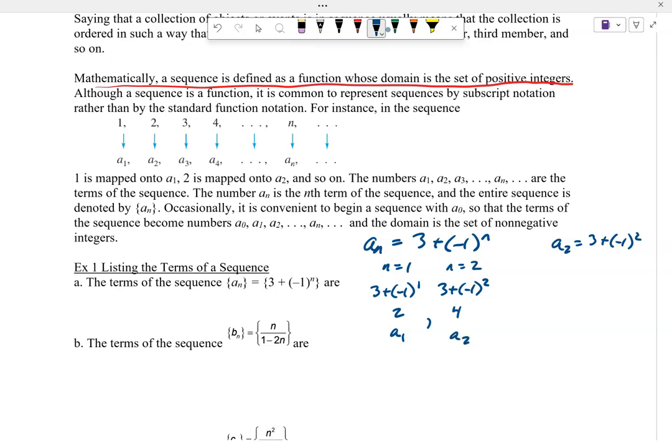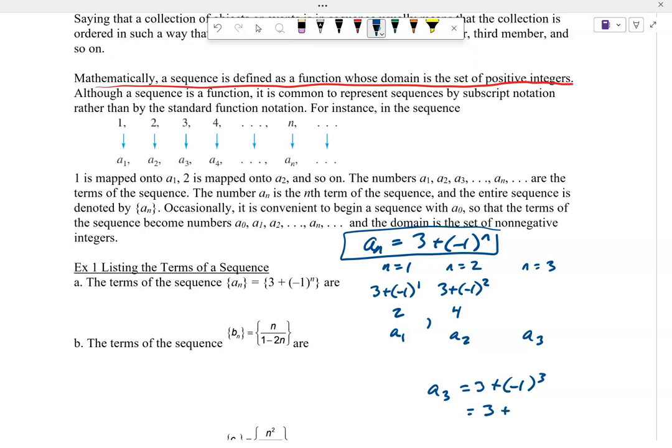Now if we let n be 3 in the formula, we're plugging it into this every time. If I let n be 3, so I'm finding my third term. My third term would be a sub 3, 3 plus negative 1 to the third. Well, negative 1 to the third is negative 1. So 3 plus negative 1 spits out 2.